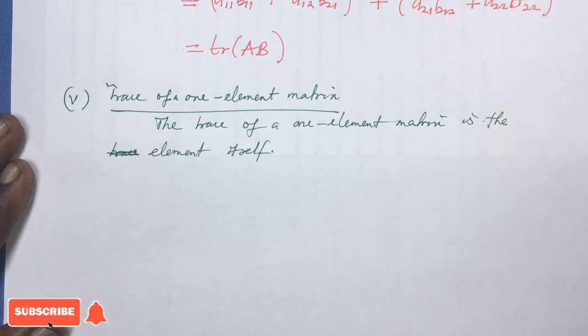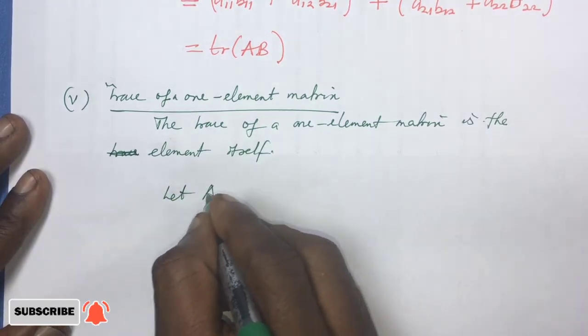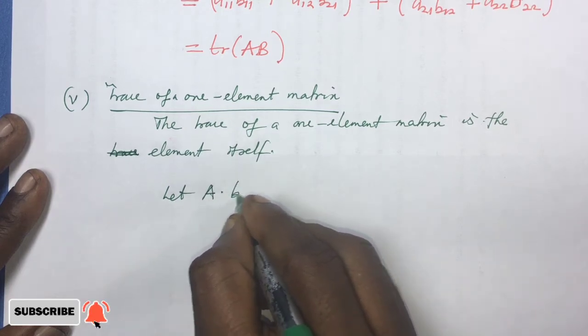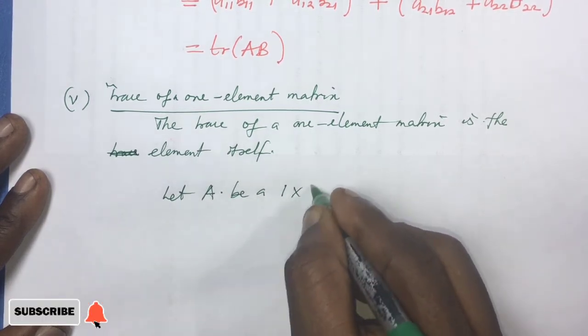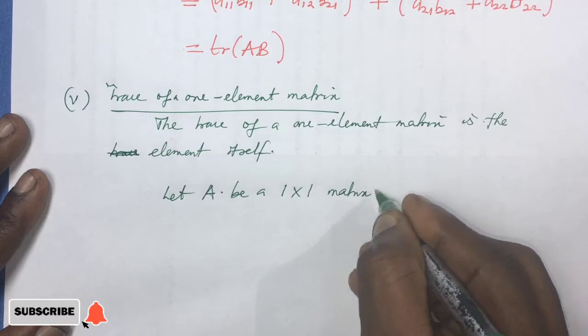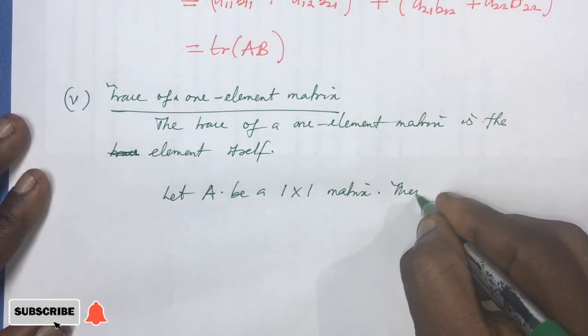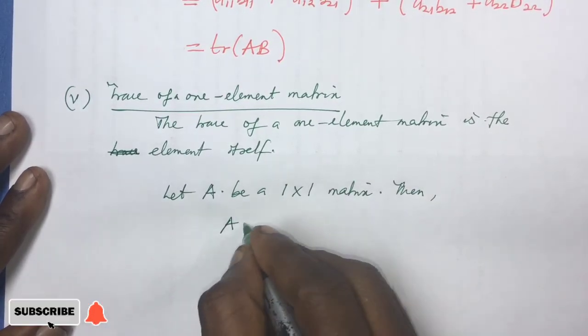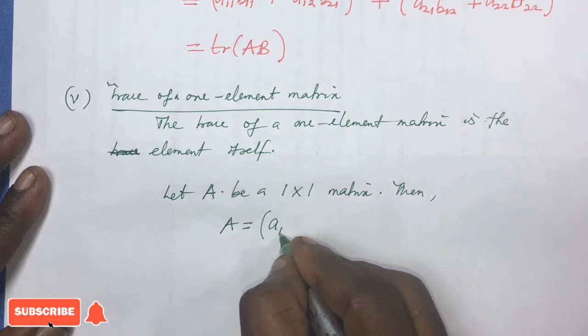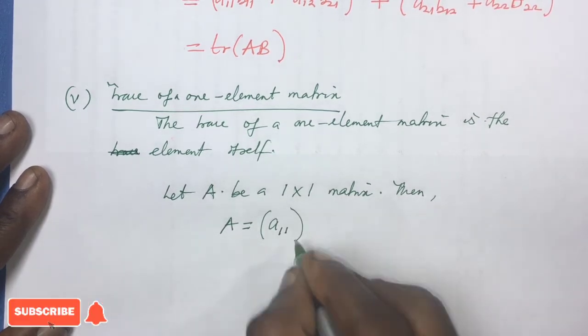So let us do this. Let A be a 1 by 1 matrix. Then what will A be? A will be equal to A11, and that's all.